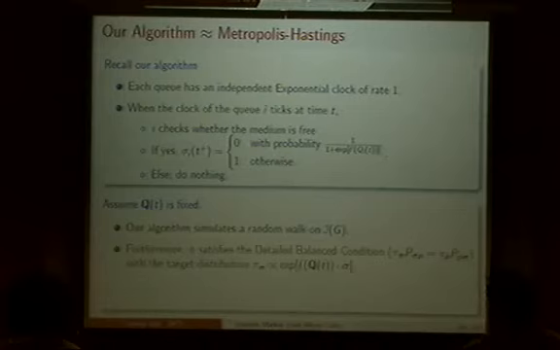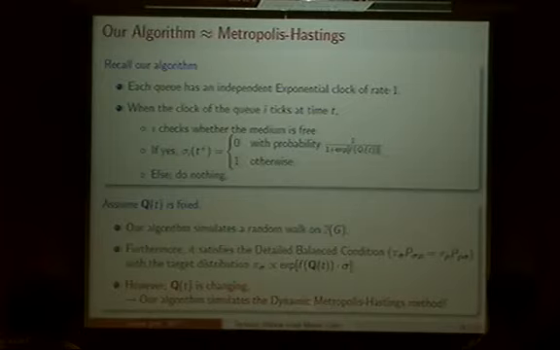I'm going to skip this slide. The last part is just a rough proof intuition, but basically what I want to say is that our algorithm is a time-varying Markov chain, a random walk on the independent set.